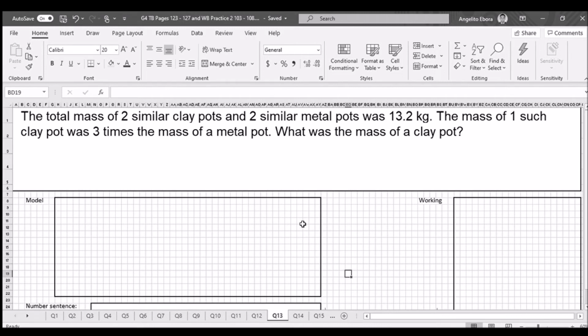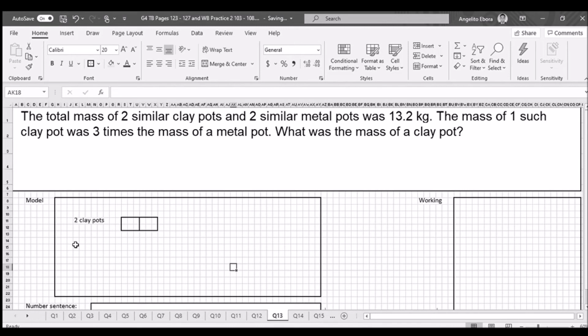So it's a good thing we're using Microsoft Excel so I can show you clearly. Okay, so we have two different pots, a clay and metal pot. Let's do first the two clay pots, 1, 2.